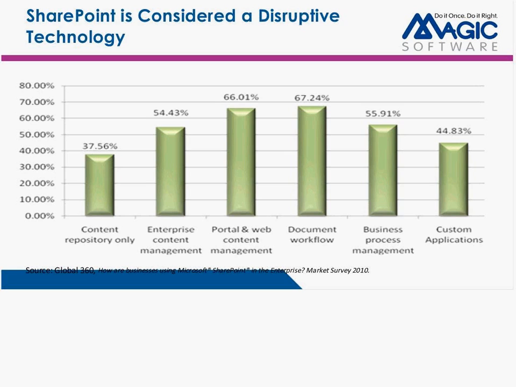Because people are using SharePoint as a content repository for enterprise content management. Some people are using it for portal and web content management, document workflow, general business process management, and in many instances, the provision of custom applications, such as we're talking about today with self-service apps.